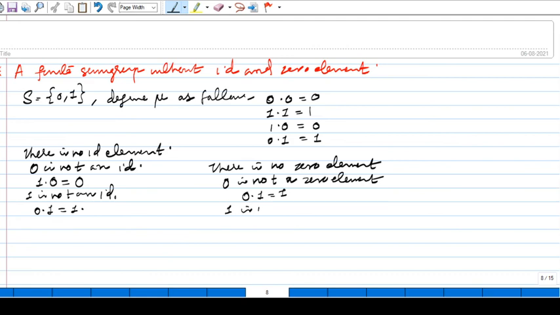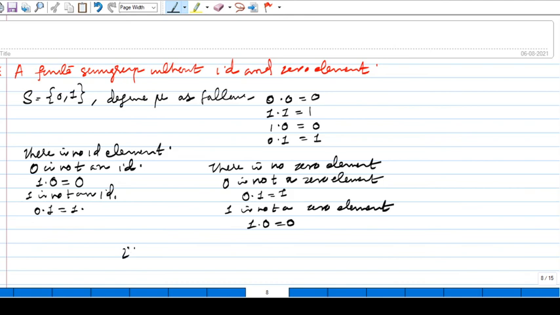Now 1 is not a 0 element, because 1 times 0 in the definition is 0. If 1 is a 0 element, you should get back 1, because when you multiply with the 0 element, you have to get the 0 element. So if 1 were a 0 element, 1 times 0 must be 1, but here it is 0.